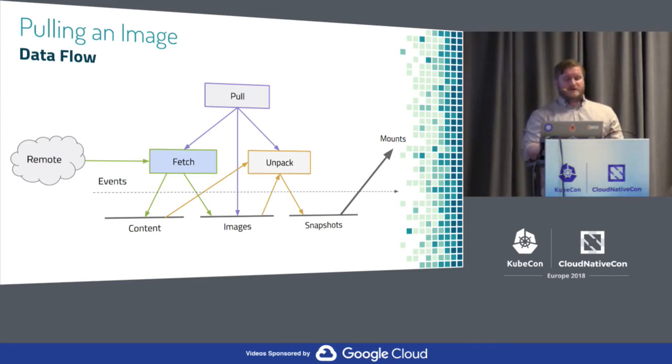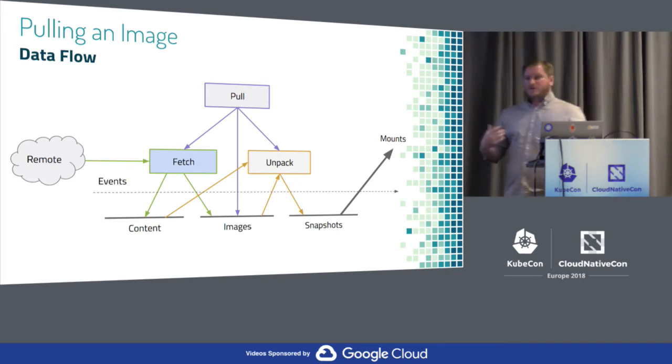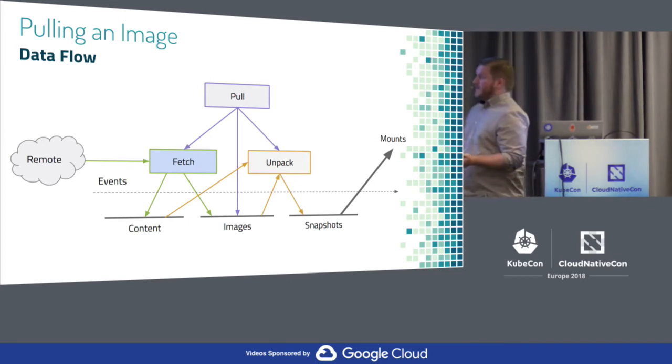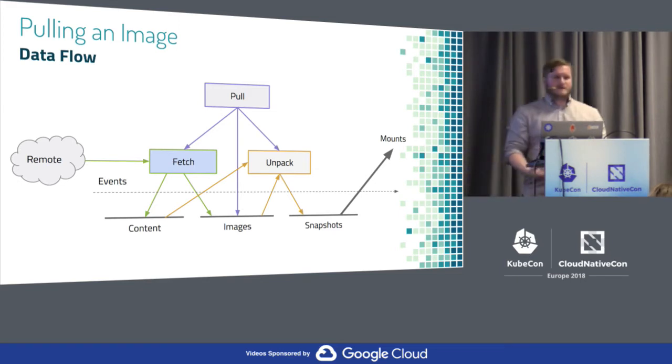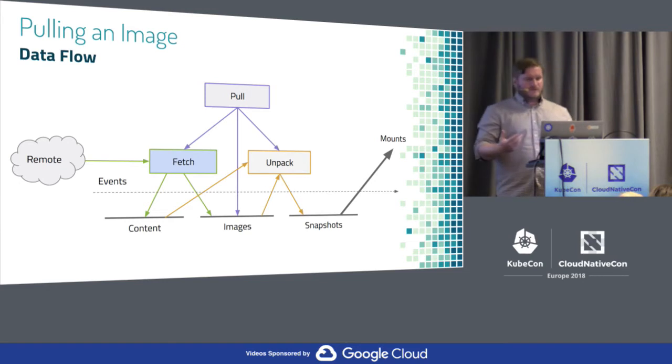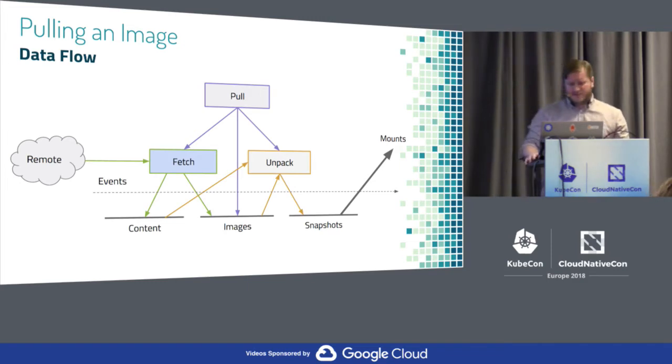So that's just a link back to that. And then we also do an unpack process. What that'll do is take the content, such as a layer, and apply it to a model we call snapshots. Snapshots provide something similar to what's in graph drivers. This gives you the ability to have a revisioned container file system, and I'll talk a little bit about that later.